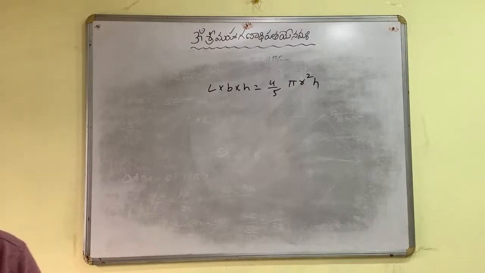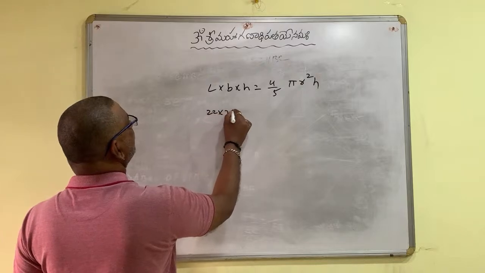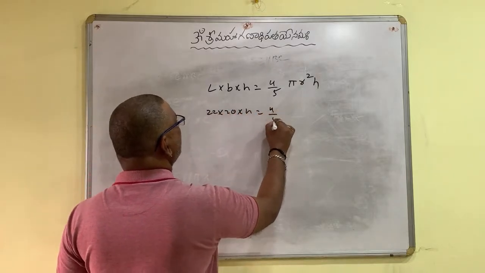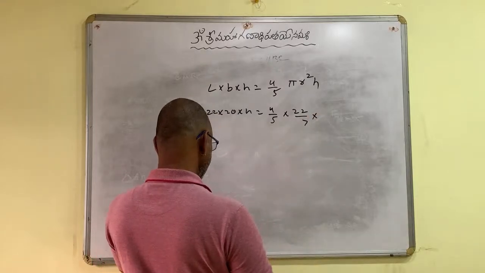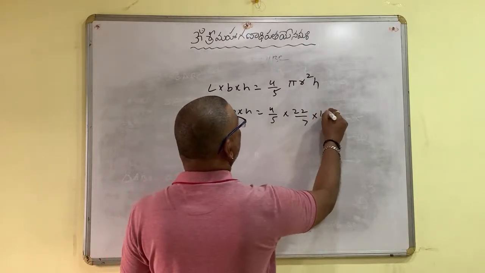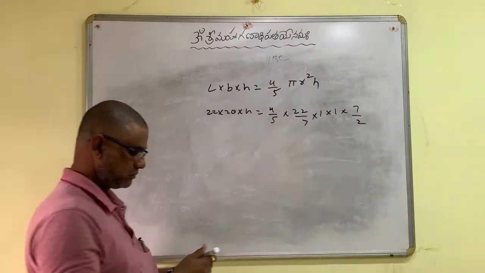22 into 20 into H is equal to 4/5 into 22 by 7 into radius, which is 1, into 1, into height 3.5, that is 7/2.